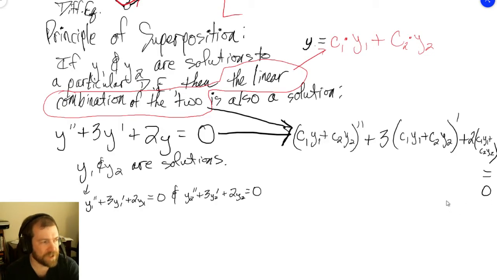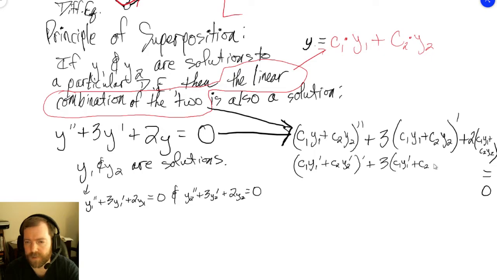So this has to come out to be a true statement, otherwise none of this works. When we take derivatives, this has a plus in between, so if we take the first derivative, c1 is a constant, so it just gets kicked out, and then it's c1y1 prime plus, again, deriving works over addition, c2y2 prime, plus 3 times the quantity c1y1 prime plus c2y2 prime, plus twice c1y1 plus c2y2 equals 0.